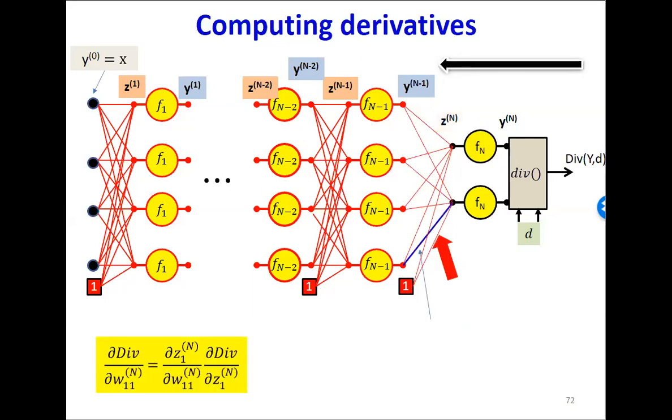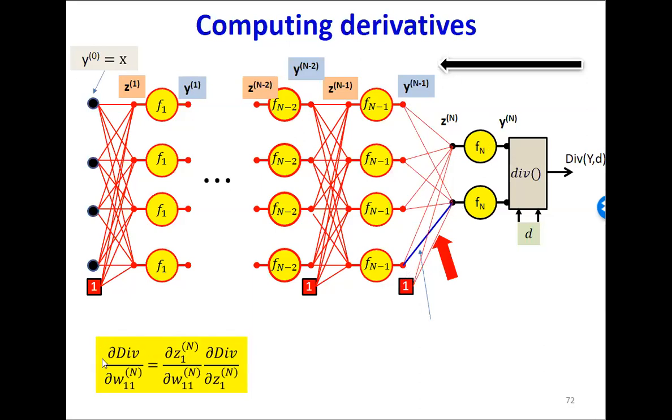So now, what about the derivative with respect to the weight? Let's consider the first neuron, just this edge. This is the connection from the first neuron in the (n-1)th layer to the first neuron in the nth layer.